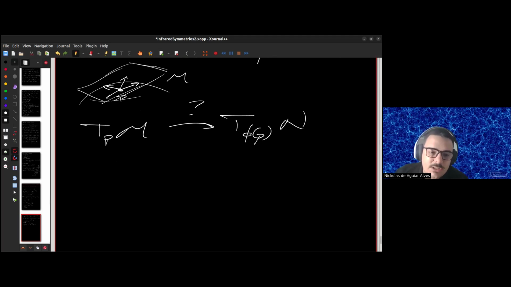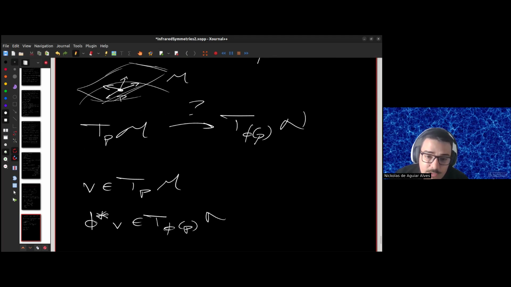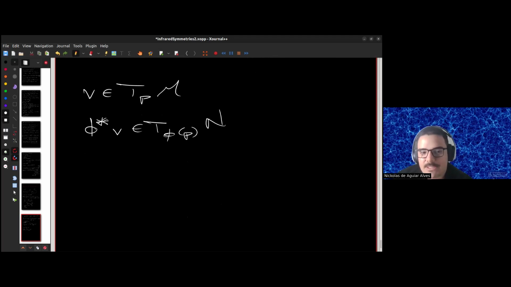Suppose you have some vector V in the manifold M. It lives at the point P. So this is a vector specifically at the point P. What I can do is now define a vector that I call phi star V that lives in T_phi(P) N. And now you see why I said that the position of the star is actually important, because the push forward has the star in one position and the pullback has the star in the other position.